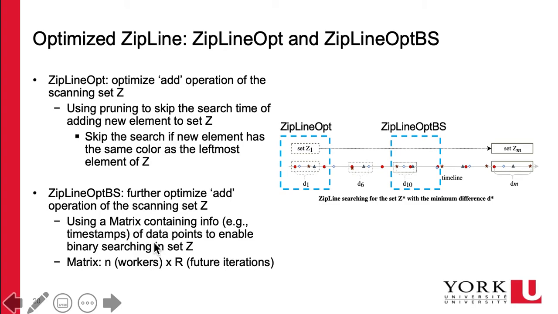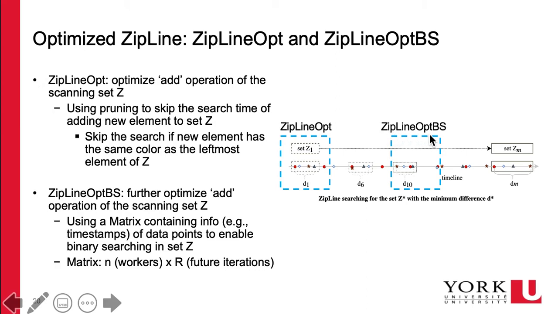The second method is called ZipLineOptBS. It further optimizes the add operations. It uses the matrix containing the information of the data points that allows us to do a binary search in this set Z. And where we get the matrix, as you saw in the previous slides, is a matrix where each worker is a row of the matrix, and the column is each iteration of the workers. And those iterations are like the future iterations.